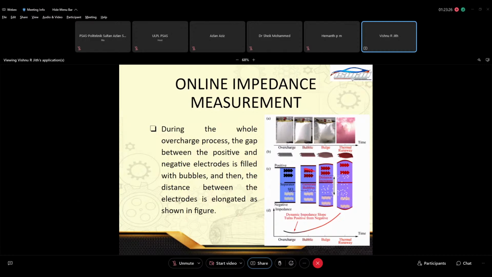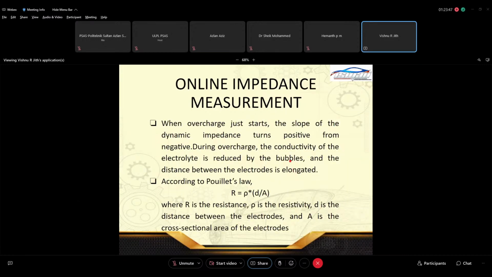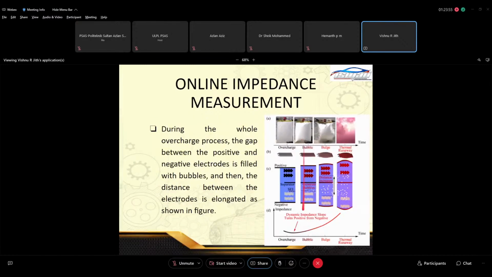Here you can see when the bubbles happen, the distance between the electrodes increases, and so when overcharging, the bubble starts and the bulging happens and then the thermal runaway. In this next slide, it explains that when the overcharge happens, the slope of the dynamic impedance turns positive. That is this graph.